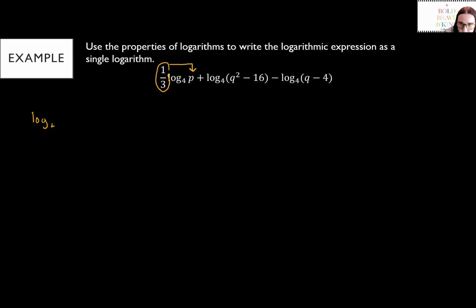So we're going to have log base 4 of p to the 1/3 power plus log base 4 of (q squared minus 16), and then minus log base 4 of (q minus 4).